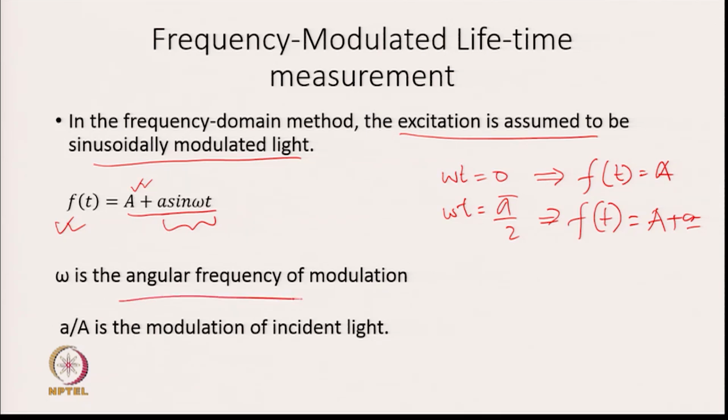Here omega is the angular frequency of modulation, and this ratio, small a by capital A, is known as the modulation of the incident light.